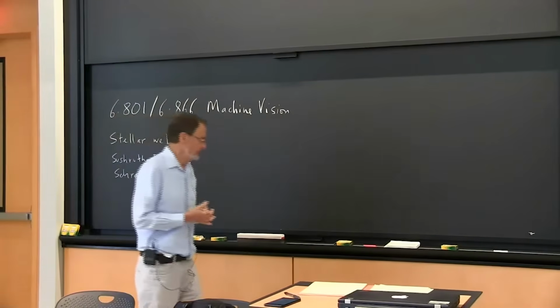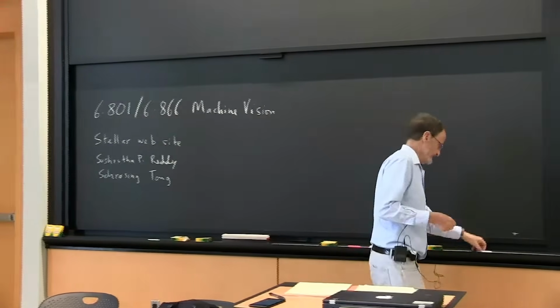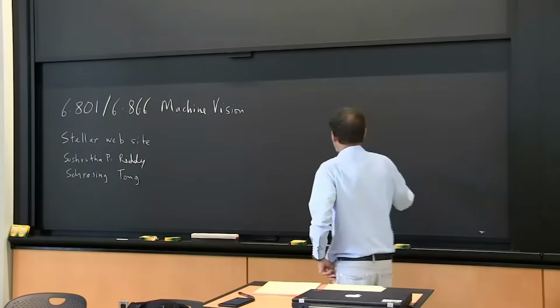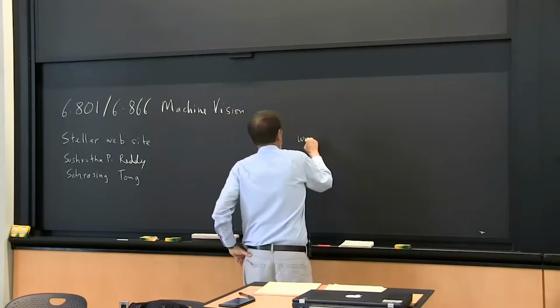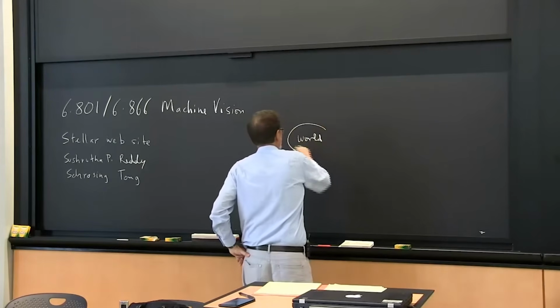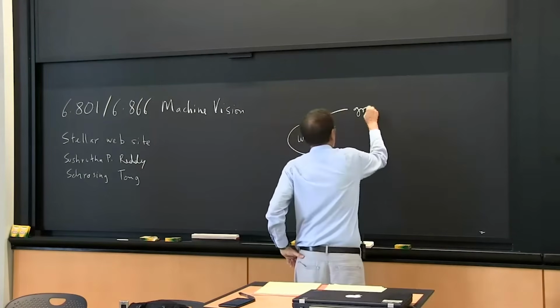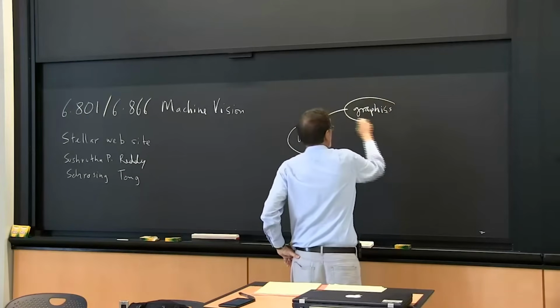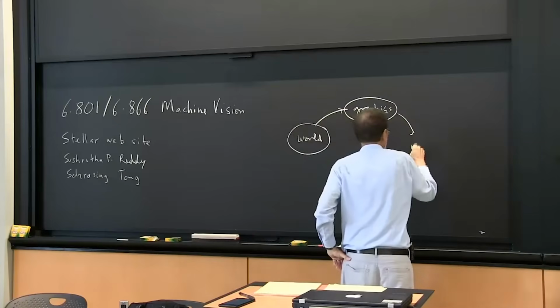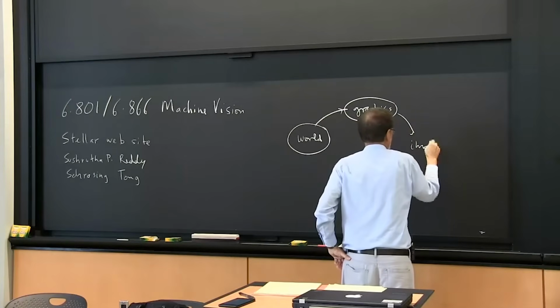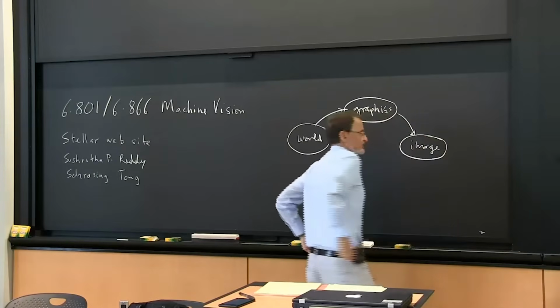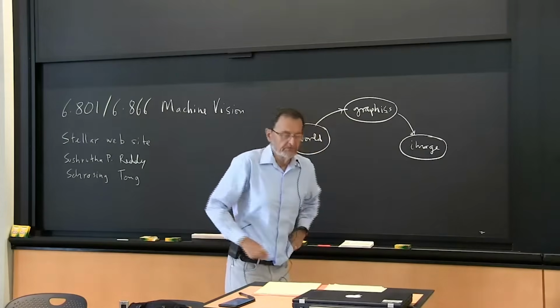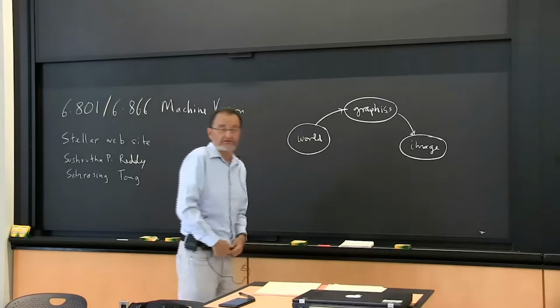Okay, so I mentioned this idea of inverse graphics. So if we have a world model, we can make an image, and people who are into graphics will hate me saying that, but that's the easy part.